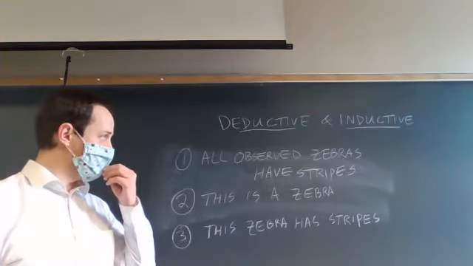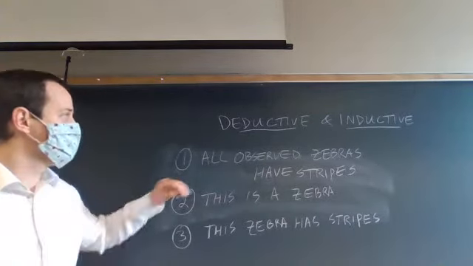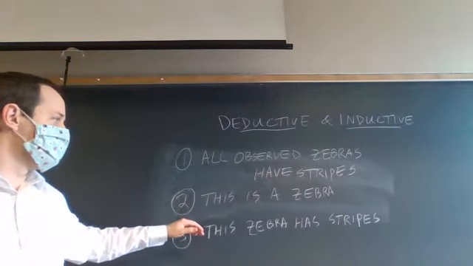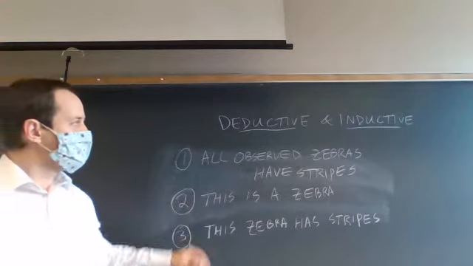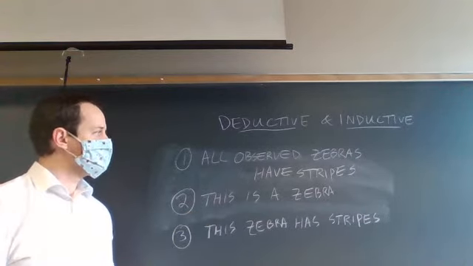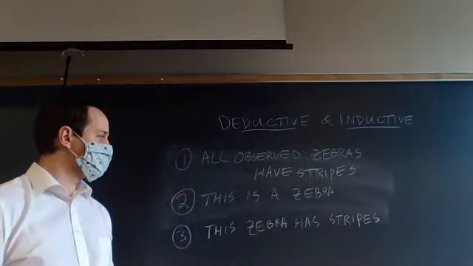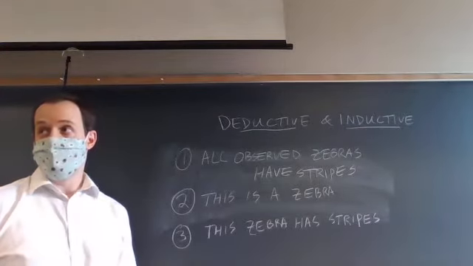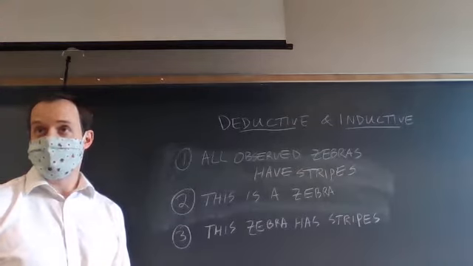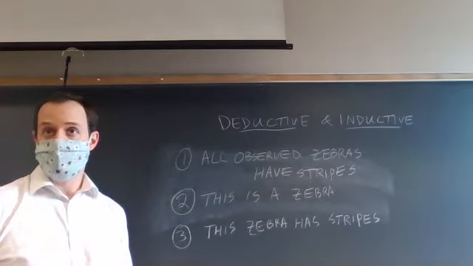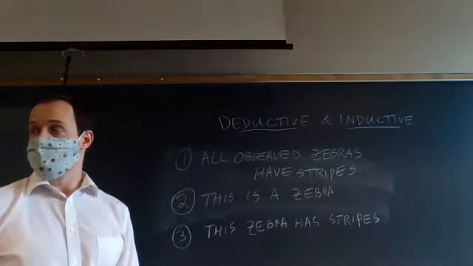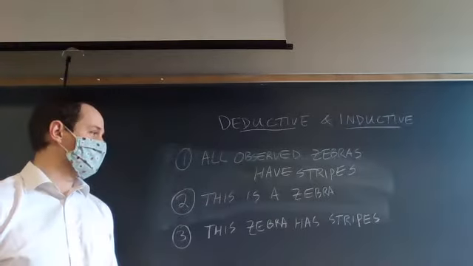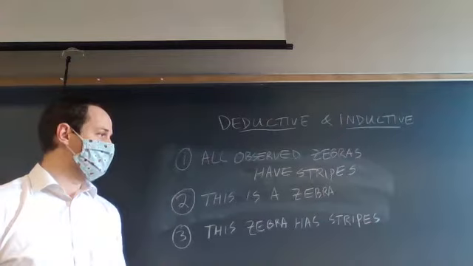So in reasoning from inductive particulars, the observed zebras, to general principles, what we actually find ourselves doing is making probability-based conjectures. Now, I'm very, very certain that this zebra must have stripes, if indeed it is a zebra, because the overwhelming majority of zebras have stripes. But we actually do have some instances of a few zebras who don't.